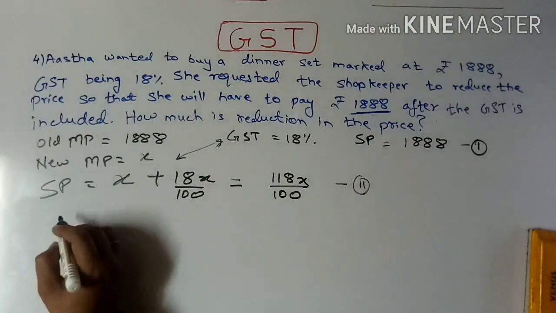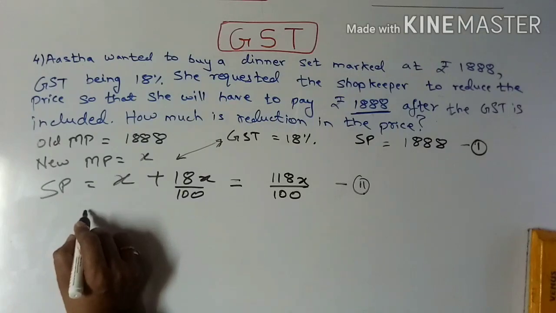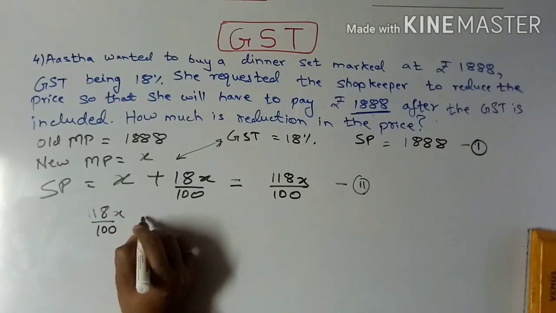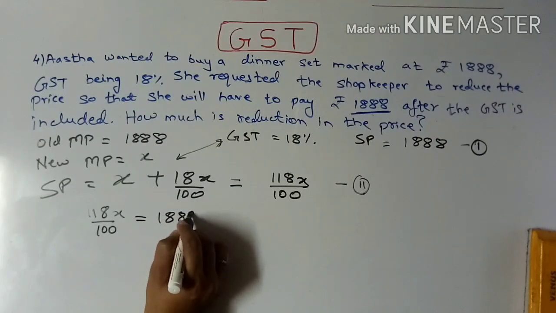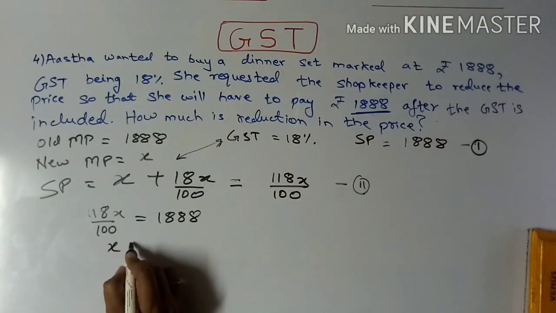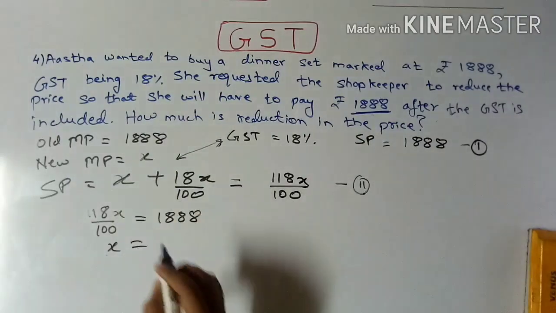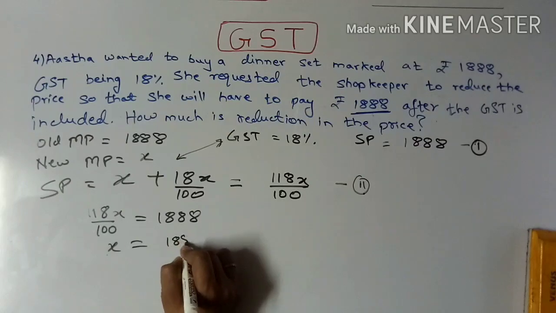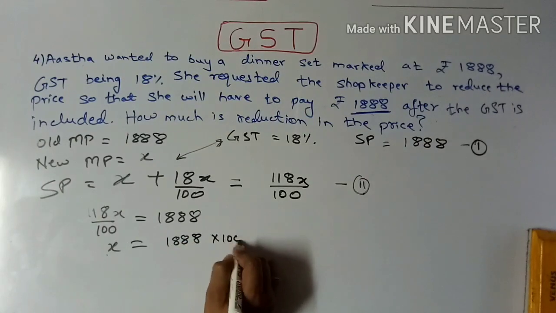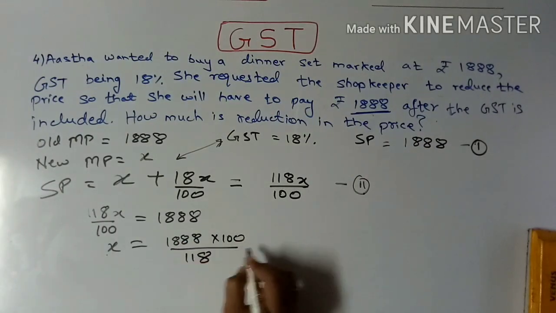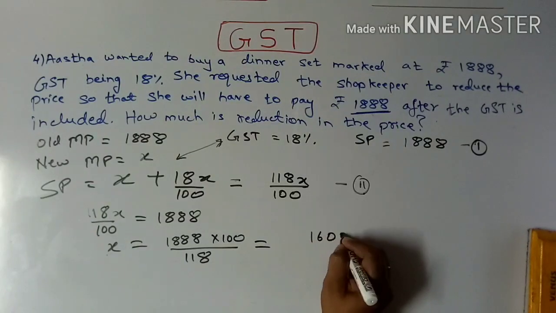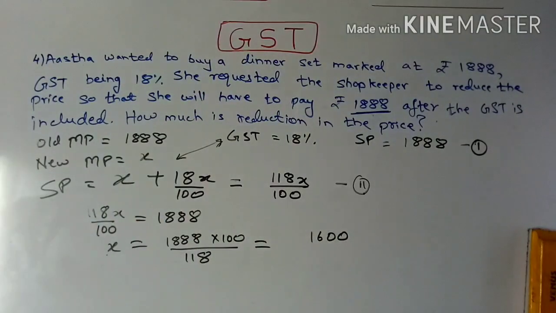Therefore I equate 1 and 2 and write 118x upon 100 is equal to 1888. Keeping the unknown variable on one side and taking all the others on the other side, we get 1888 multiplied by 100 upon 118. By simplifying this, we get 1600 as my new marked price.